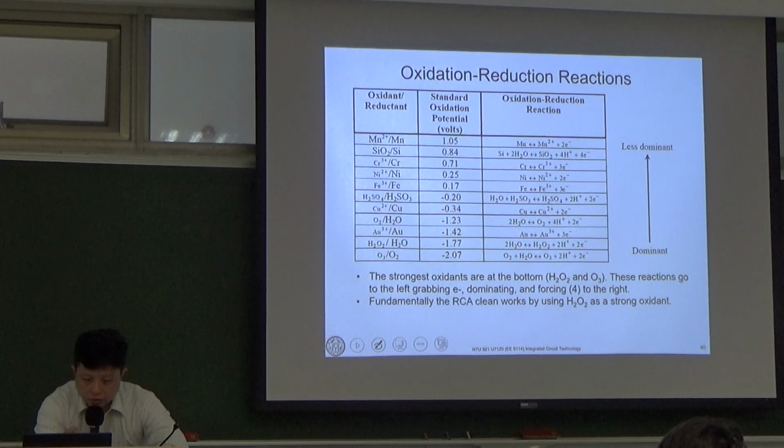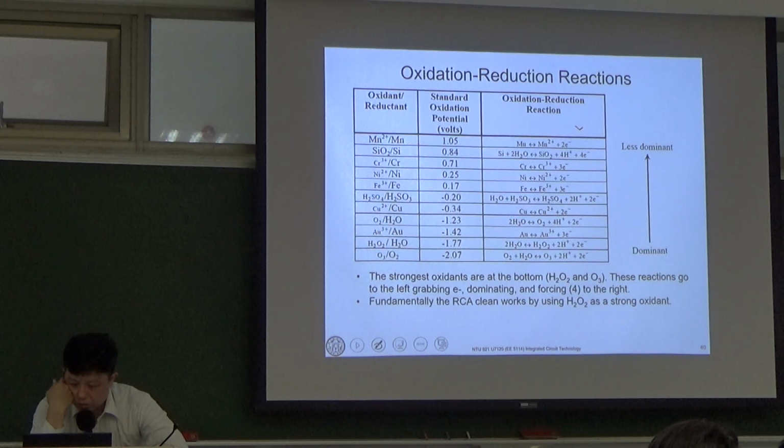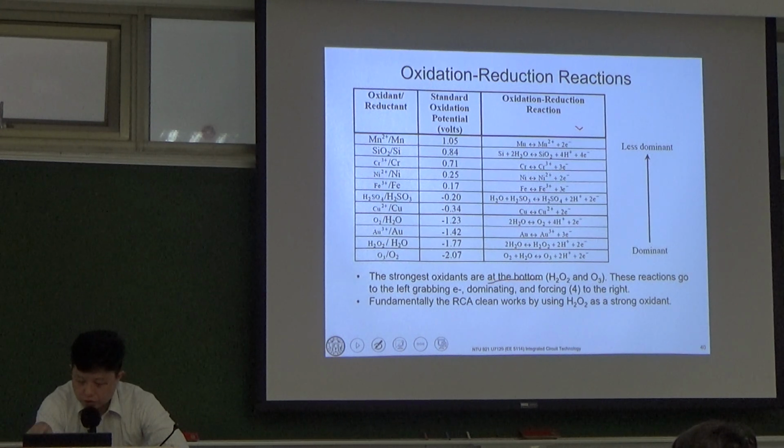This is the reductant or the oxidant, this is the standard oxidation potential, and the right column is the chemical reaction. The strongest oxidants are listed at the bottom of this table.